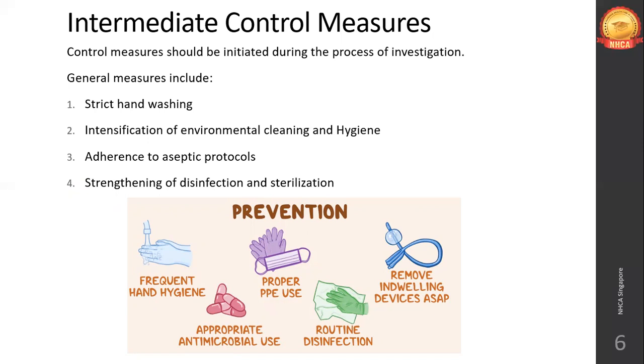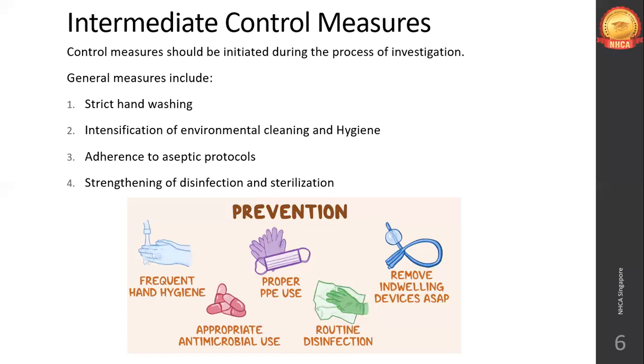These are general control measures. They include strict hand washing among the staff while treating patients, intensification of environmental cleaning and hygiene, and adherence to aseptic protocols like using PPE while handling the patient or patient articles, etc. Strengthening of disinfection and isolation policies within that hospital or ward.